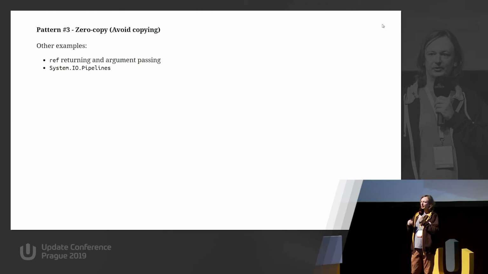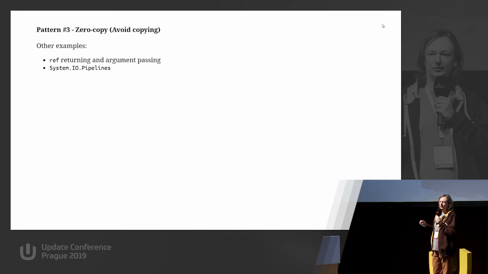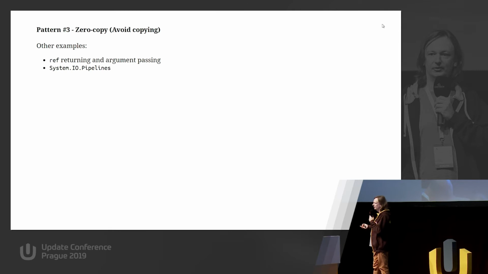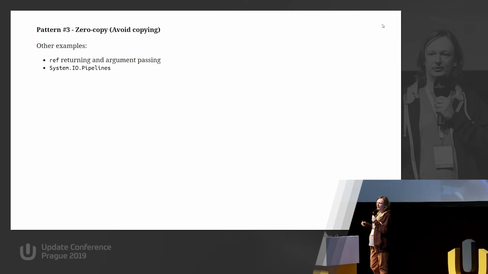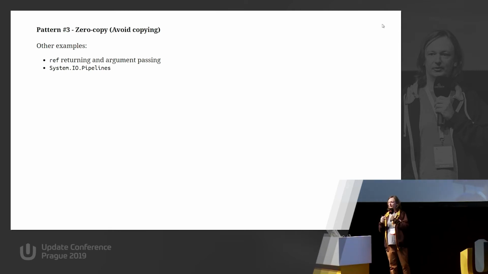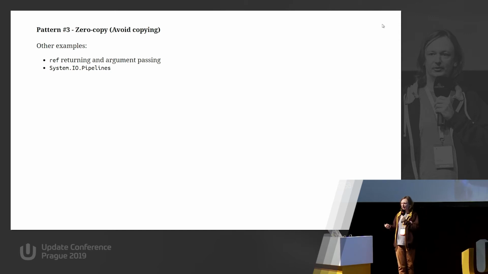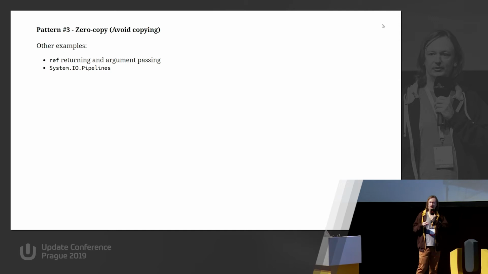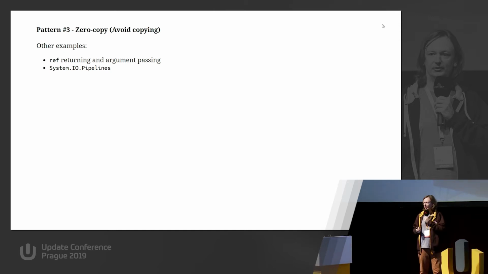Other examples, because a lot of changes currently are about avoiding copying. Like refs, a lot of things about refs have been added to C#. You can pass arguments by reference, we can return by reference. There is a lot of things that you can do by reference. There are ref structs. Everything can be shown as a way of doing things in this zero copy approach.